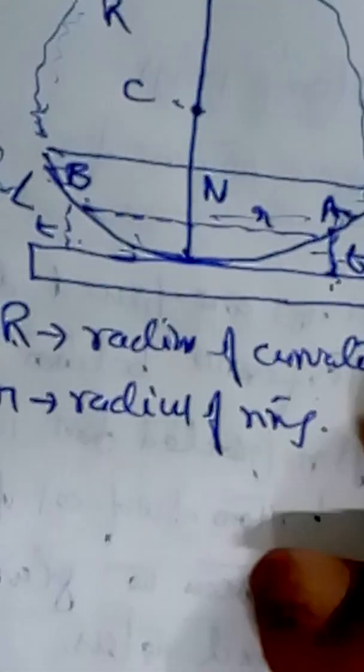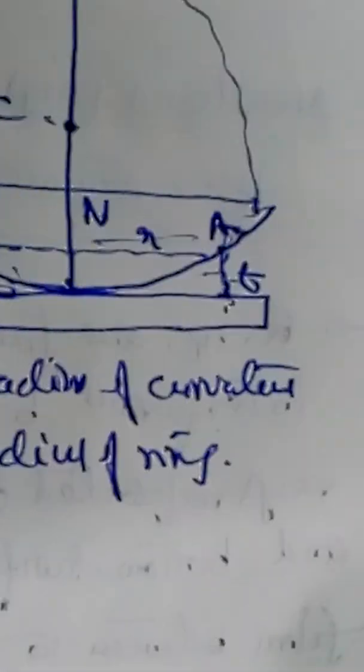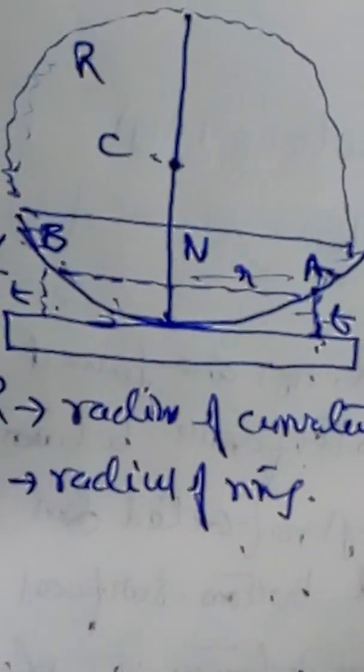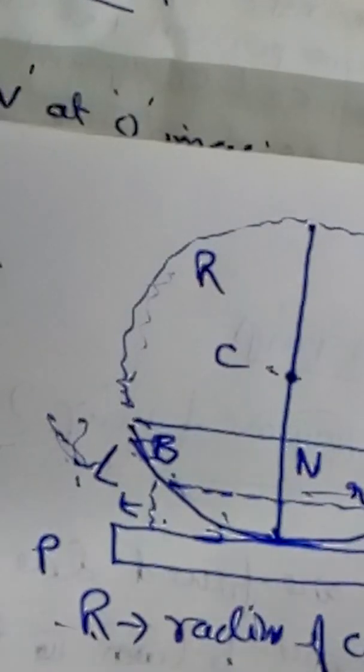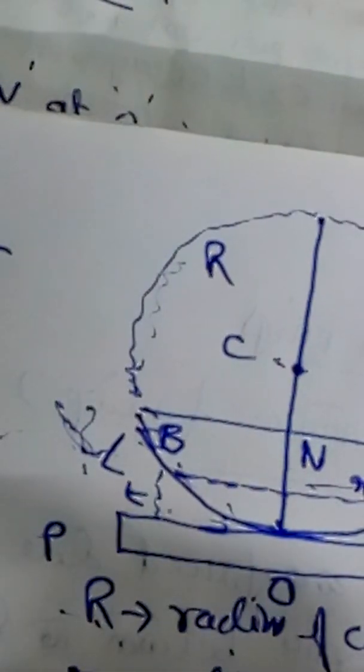Now if you see the diagram, I am using a property of a circle. This point you call O, the thickness at the point of contact.